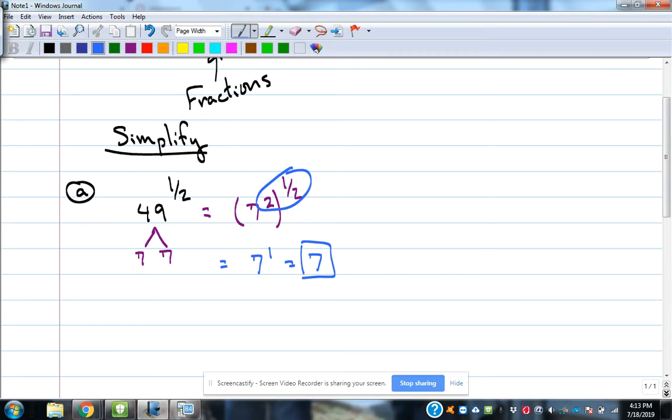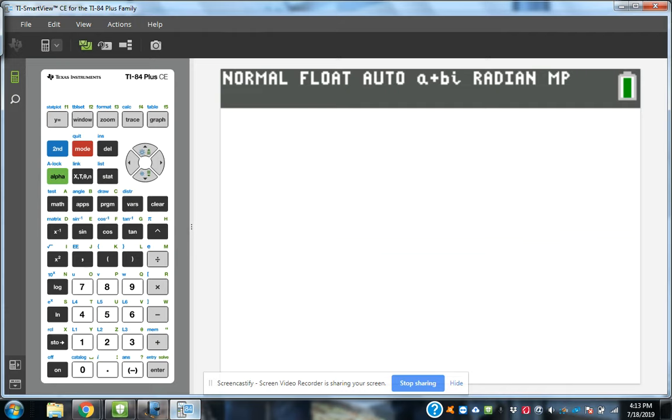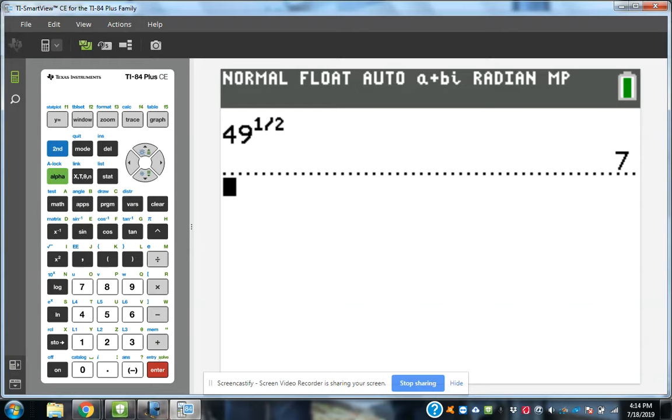Because it works out to be a nice number, your calculator could have done that problem. And the way to do that is just type in the 49 and raise it, using the caret symbol just underneath clear, and then you just type in your 1/2, and it cranks out the 7. So if it works out to be a nice number, fine. If this were 48 raised to the 1/2, it's a different game.